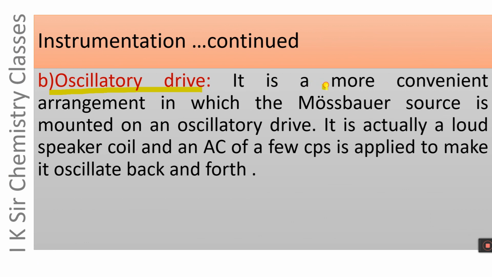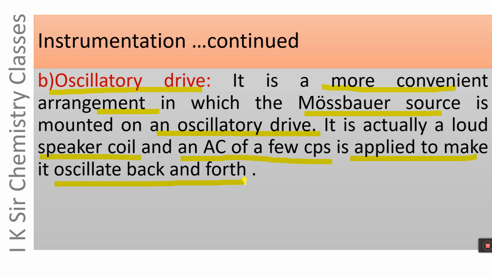It is a more convenient arrangement in which the Mossbauer source is mounted on an oscillatory drive. The oscillatory drive is nothing but a loudspeaker coil, and an alternating current of a few cycles per second is applied to make it oscillate back and forth.